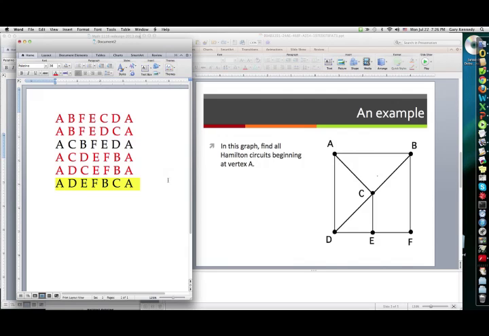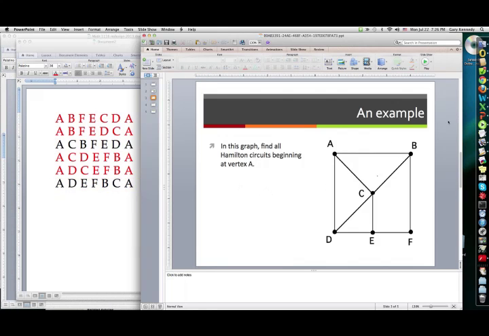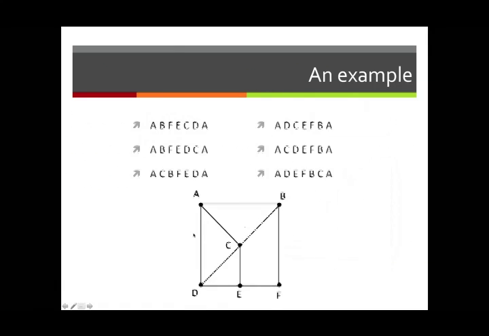Okay, so usually when we're looking for Hamilton circuits, we're going to say that a pair such as that is considered to be the same Hamilton circuit. But that's a convention that we need to agree upon. And here, just as a reminder, are the 6 answers that I found.